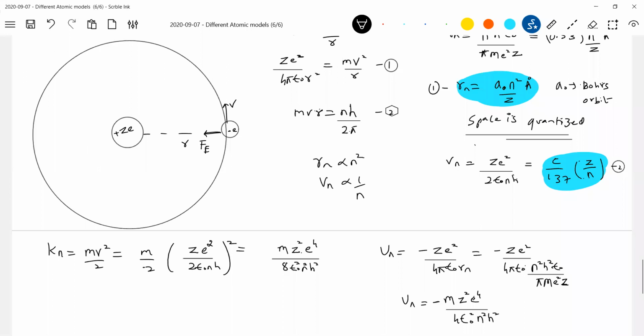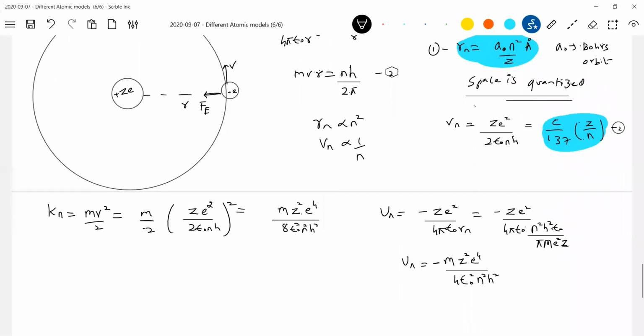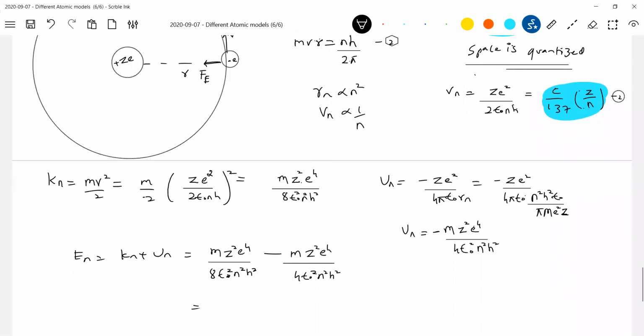Can we bring any relationship between them? And we'll calculate the total energy now. The total energy will be the sum of these two, so m Z square e to the power of 4 by 8 epsilon naught square n square h square. Now what we get is that the total energy will be negative.